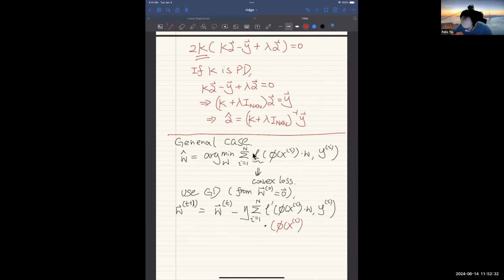So I have one term coming from phi(x_i) transpose.